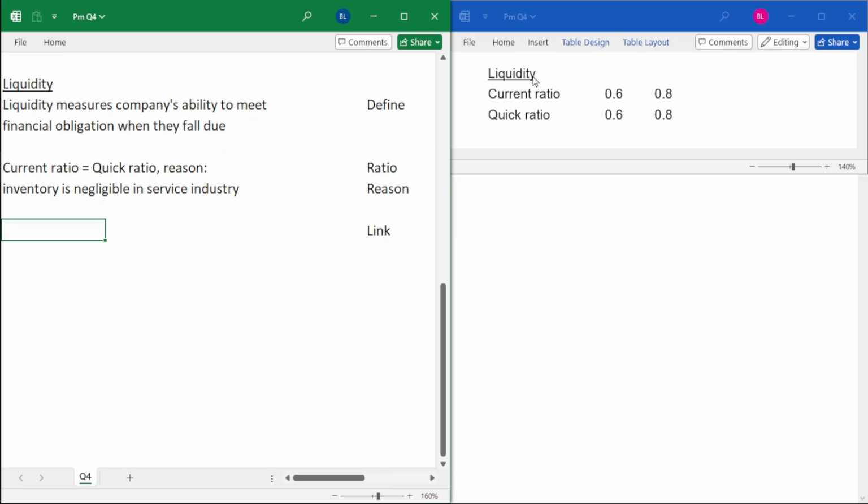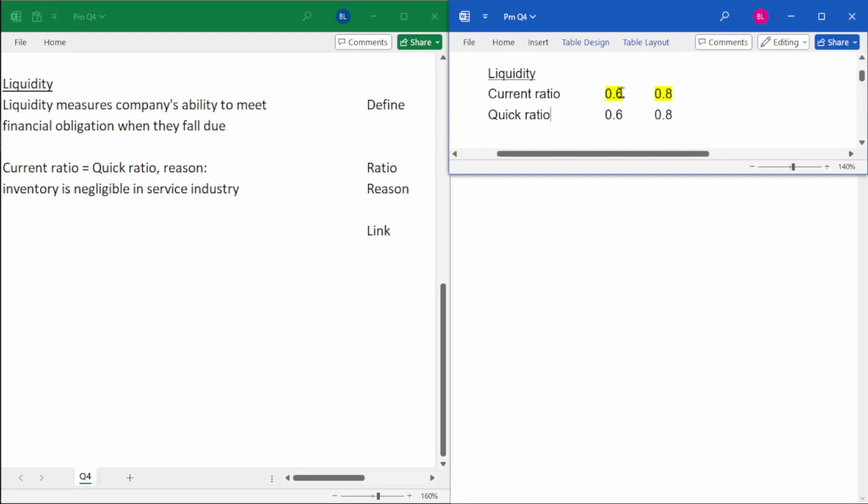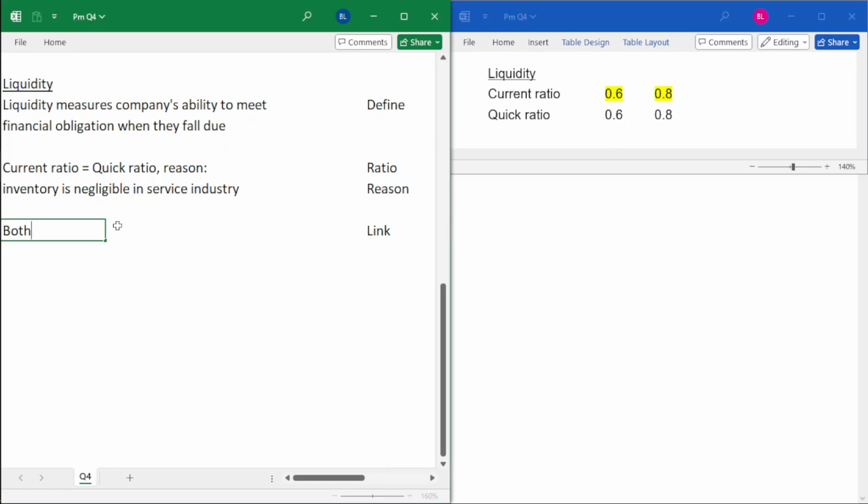You can say the comparison of both companies is very similar, right? 0.6, 0.8, it's very similar. So let's say both companies' liquidity ratios are less than 1, so they do not differ significantly.